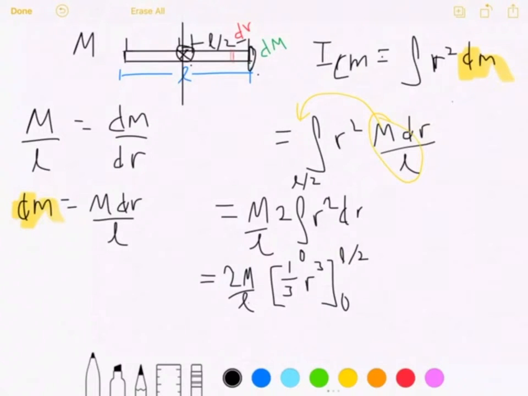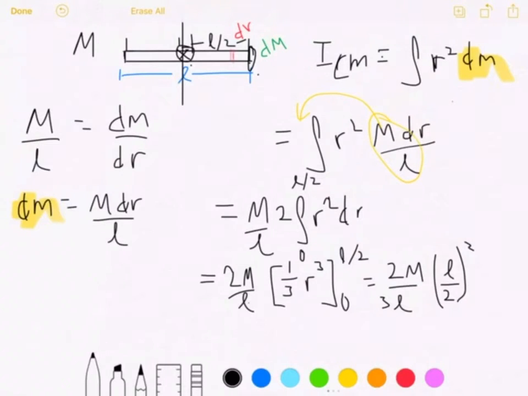We plug in 0 for r, the whole quantity will simplify to 0. So what we're going to be left with here is 2M over L, technically 3L, times L over 2 cubed.